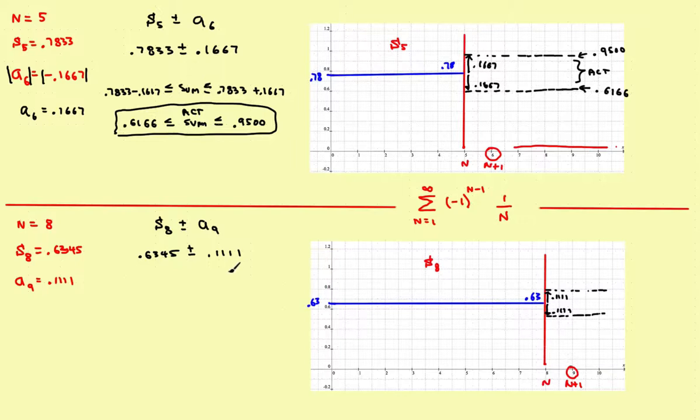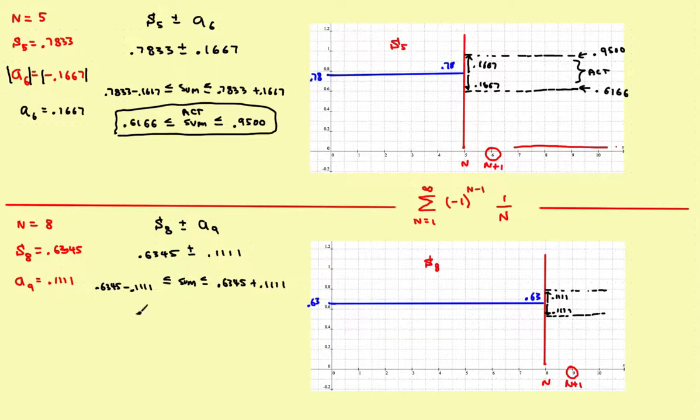Let's do the same thing down here. This would be like having the actual sum. Now, first of all, if you take this minus this, it would be 0.6345 minus 0.1111, and this would be 0.6345 plus 0.1111.